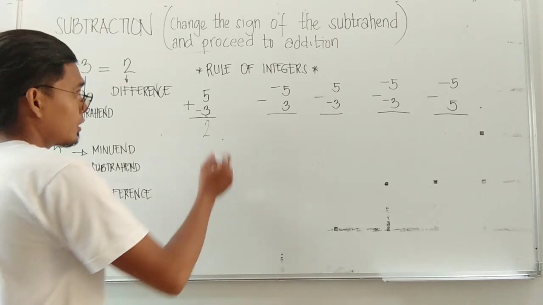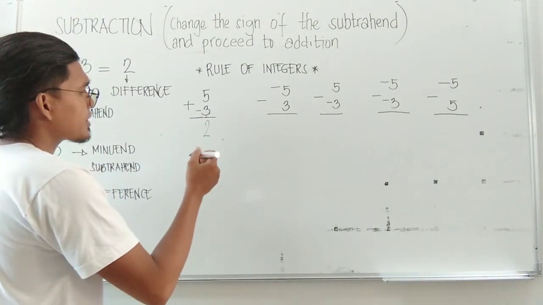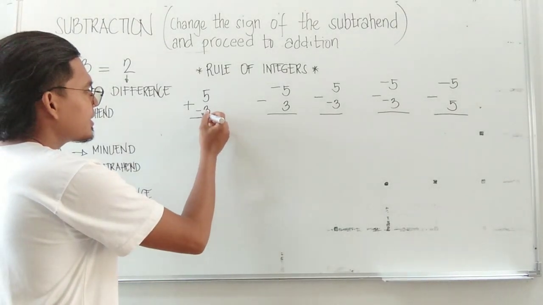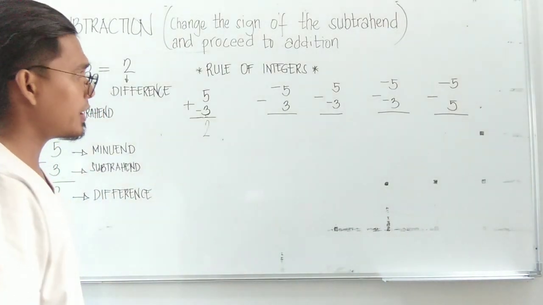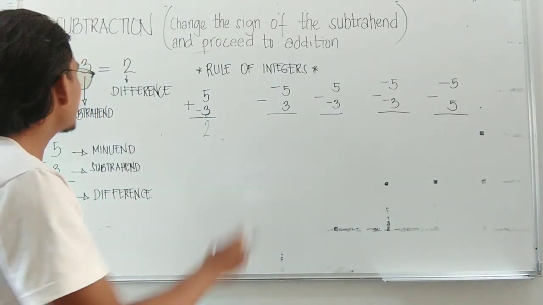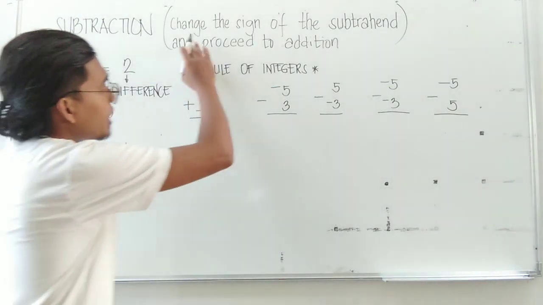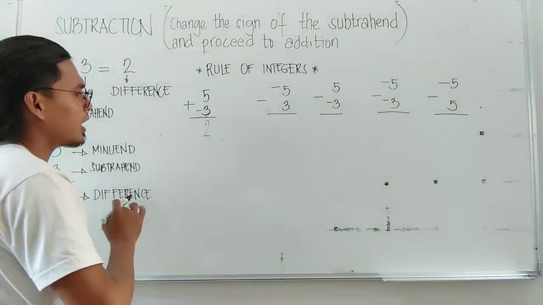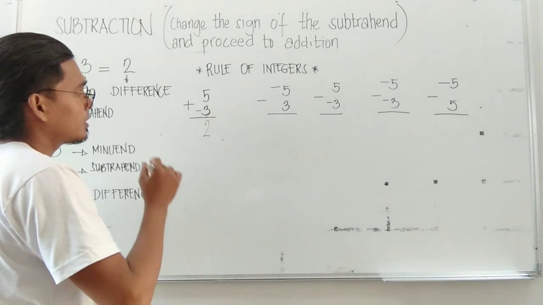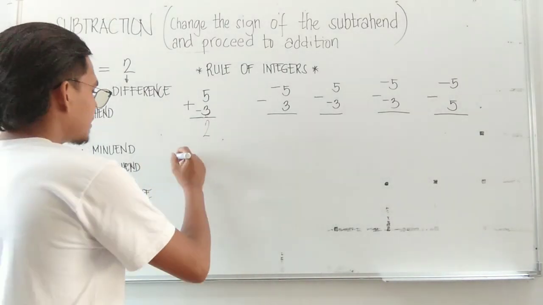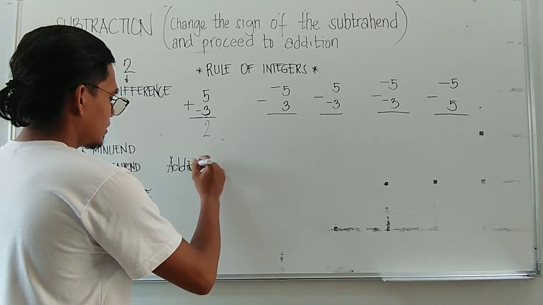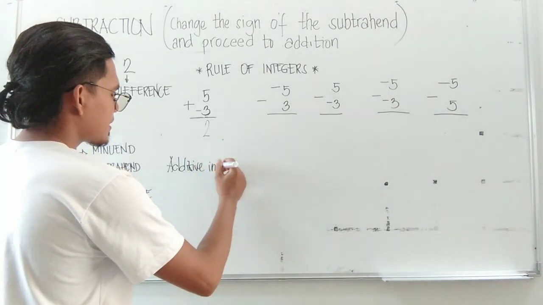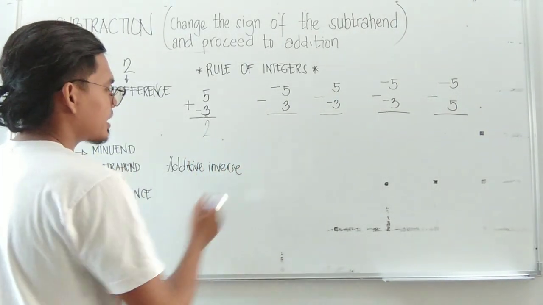Another concept for this: in some books or other resources, you will read that instead of changing the sign of the subtrahend, they say to find the additive inverse of your subtrahend.